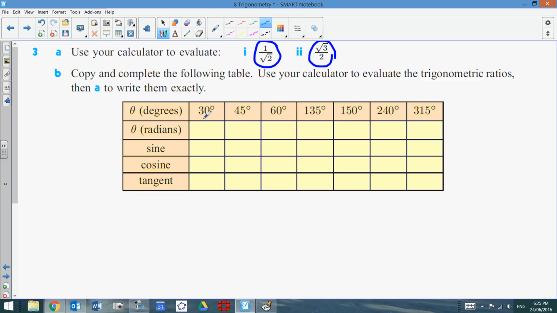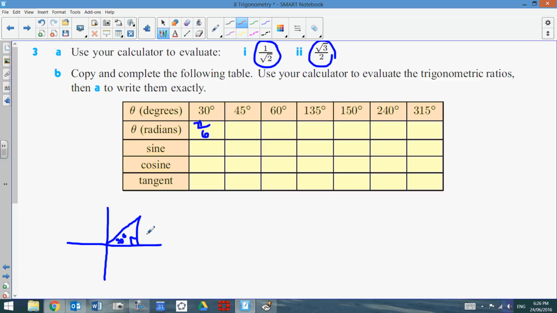So again, radians, let's just start with a couple of these. Radians for 30 degrees is pi over 6. And so if I were looking at 30 degrees, I'd be looking at this 30, 60, 90 triangle. And I'd be trying to fit that 30, 60, 90 triangle into my unit circle. And here would be my 30 degrees. Here's my right angle. So now I'm thinking, well, I remember my triangle.